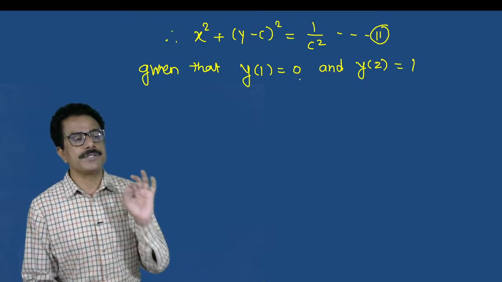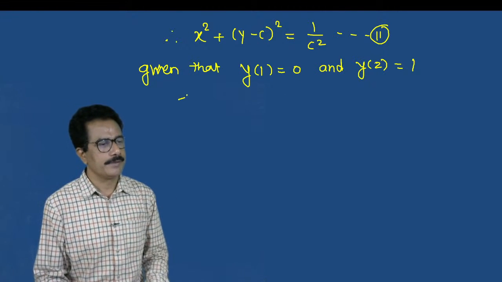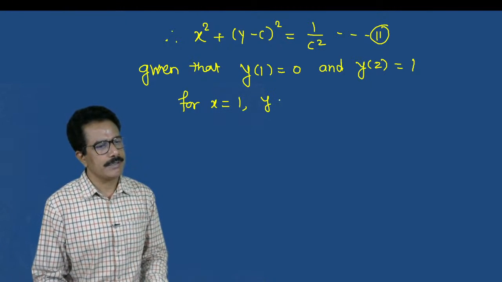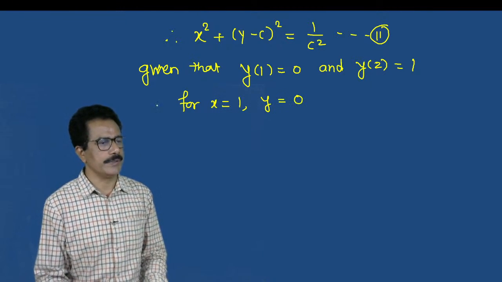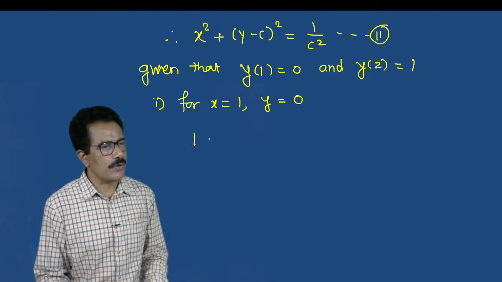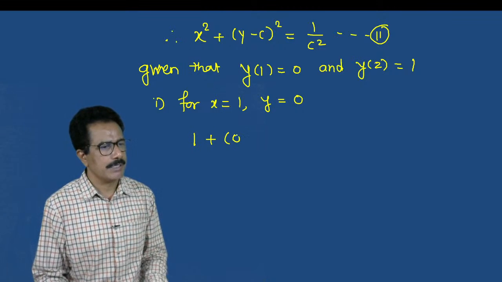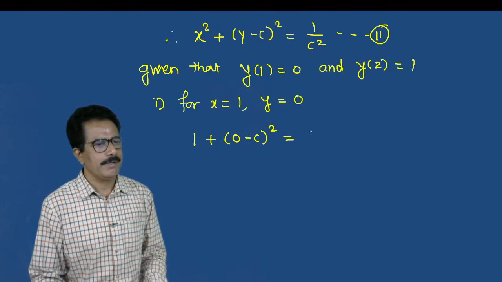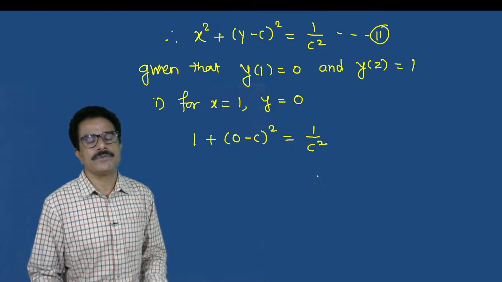Means for x is equals to 1, y is equals to 0. First case, then put it: 1 plus 0 minus C bracket square is equals to 1 upon C square.